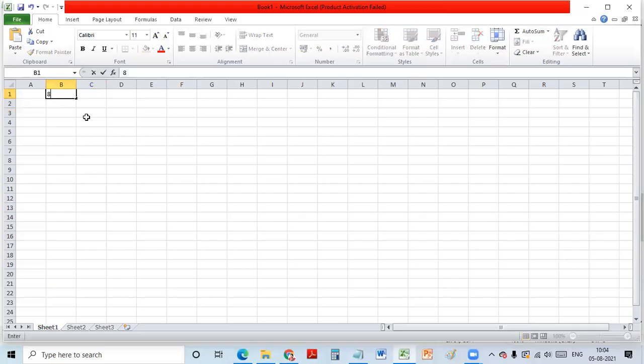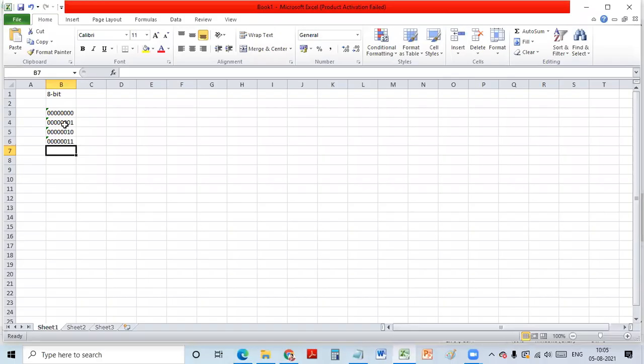For 8-bit, I'll be having numbers start with eight zeros, and the next number will be 00000001. Likewise, the next is 00000010, and the next is 00000011. Likewise, we will extend.